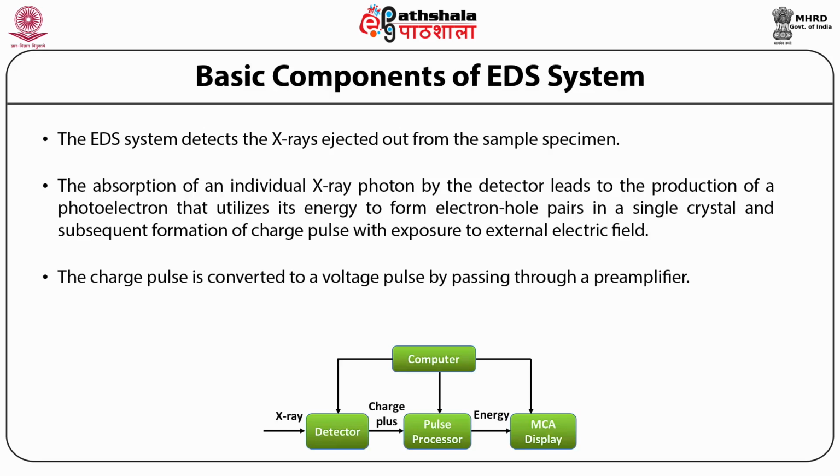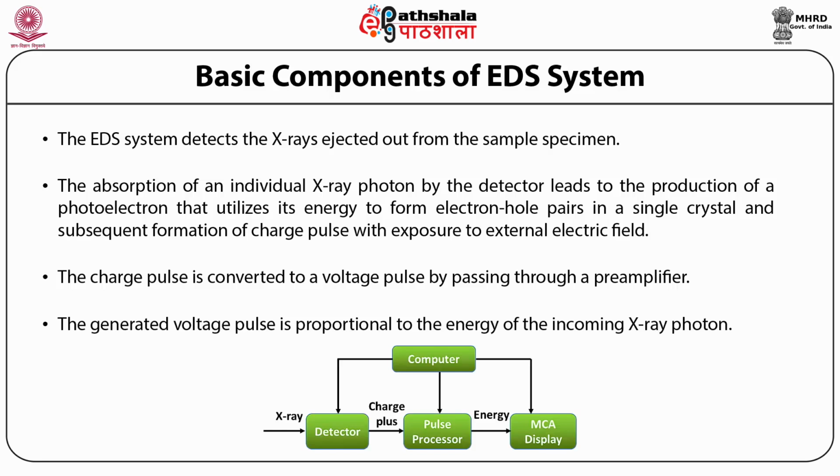The charge pulse is converted to a voltage pulse by passing through a preamplifier. The generated voltage pulse is proportional to the energy of the incoming X-ray photon.